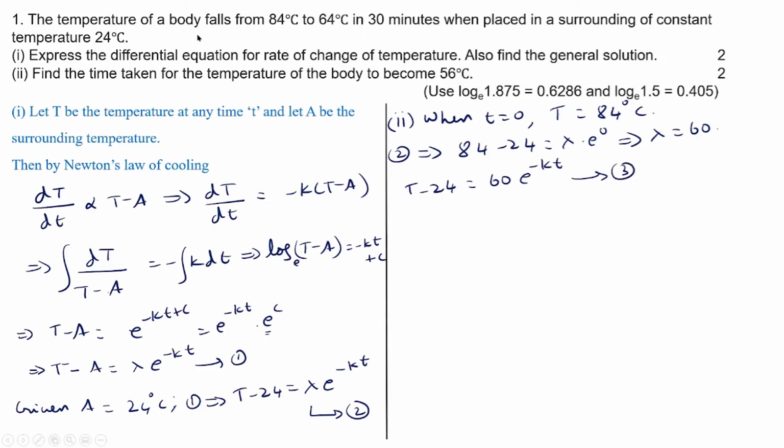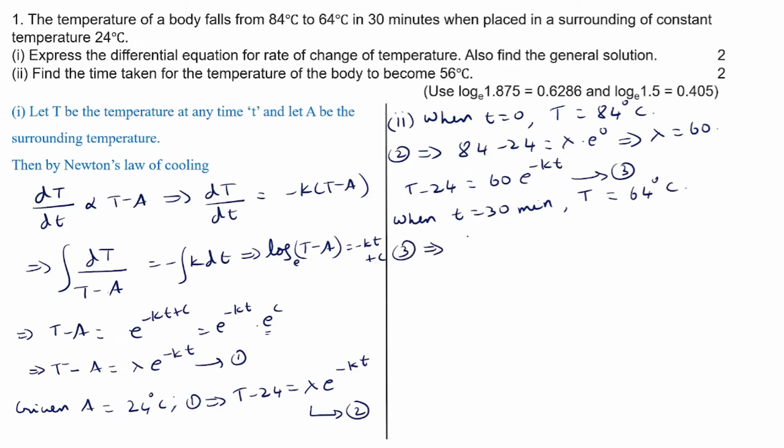And now we have when the temperature of the body falls from 84 degrees Celsius to 64 degrees Celsius, the time taken is 30 minutes. So when t equal to 30 minutes, the temperature falls to 64 degrees Celsius.